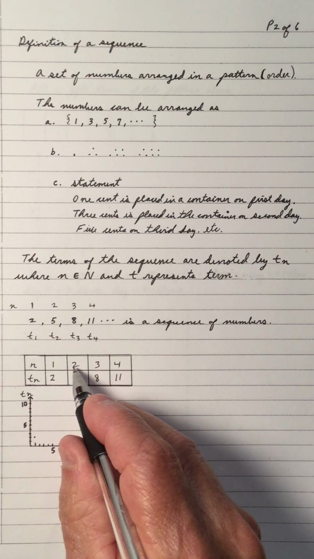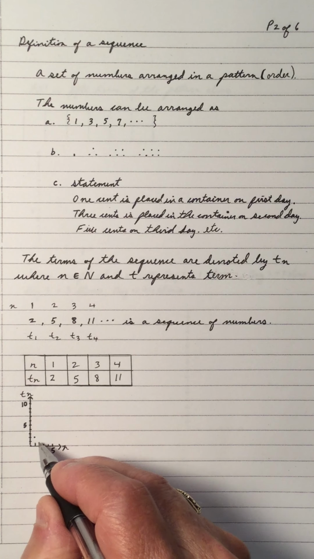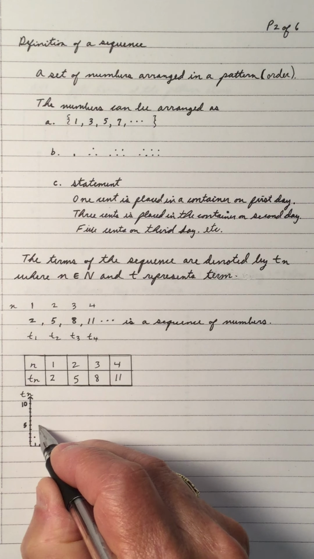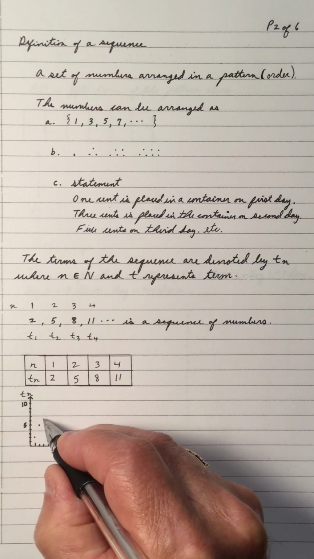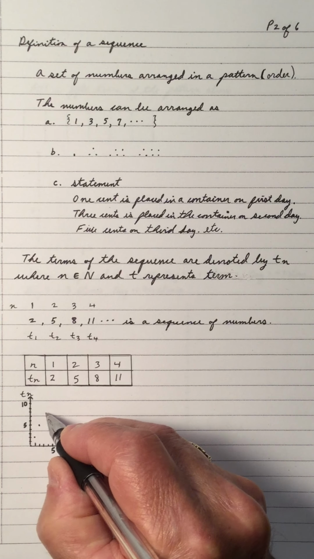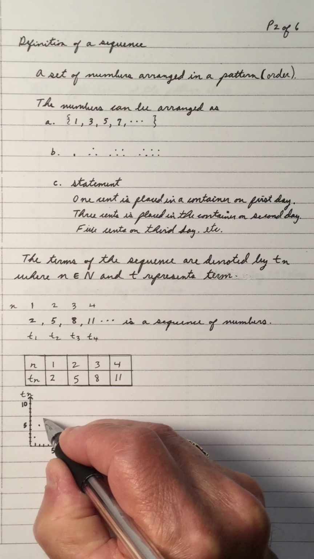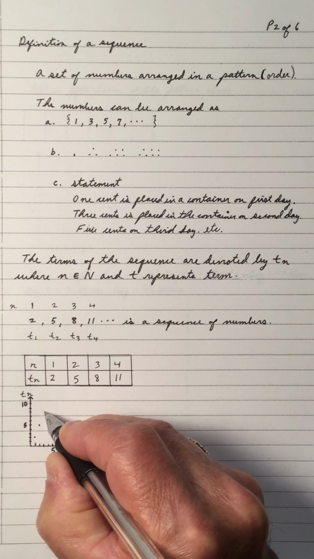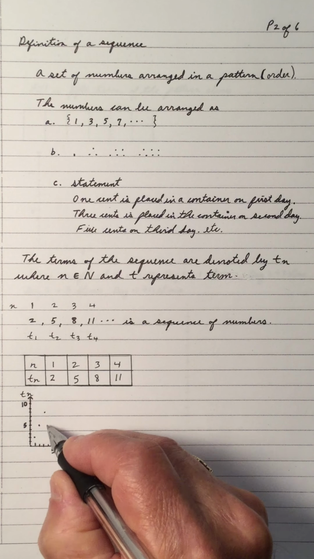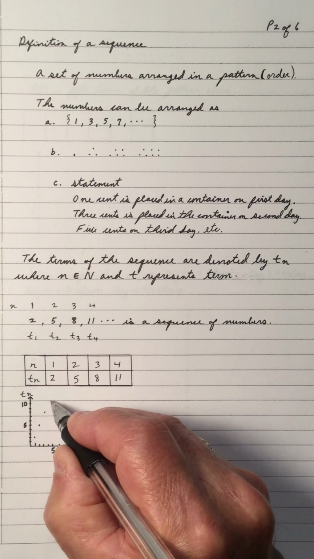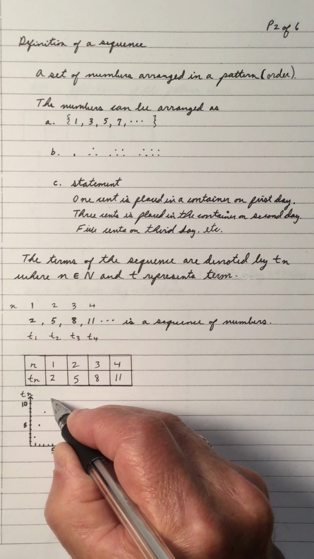When n is 2, Tn is 5. When n is 3, Tn is 8. And when n is 4, right here, we get 11. And that brings us up to roughly about there.